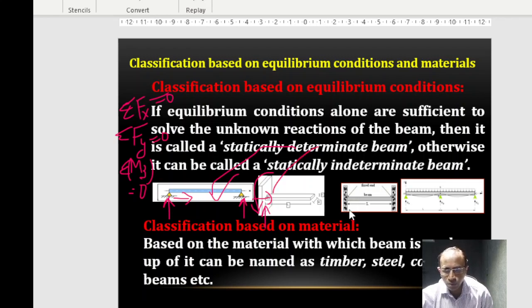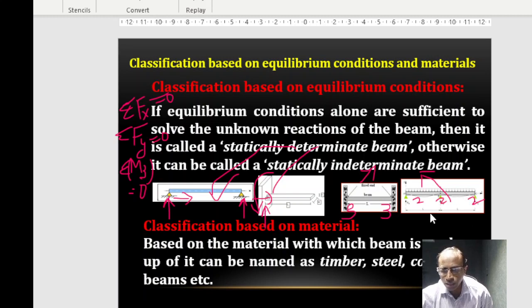Whereas with a beam fixed at both ends, here three reactions are available and here also three reactions, total six. So the available equations are only three. That means the number of unknowns is greater than the number of equilibrium equations, so this comes under the category of indeterminate structure. Also the continuous beam: suppose continuous beams are available with all hinges, so two reactions are available at all the supports.